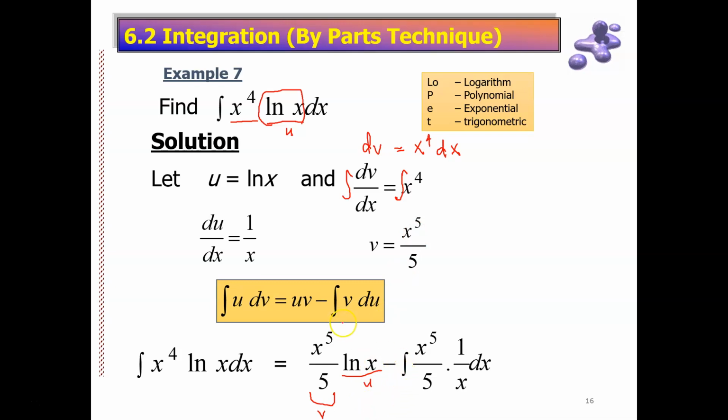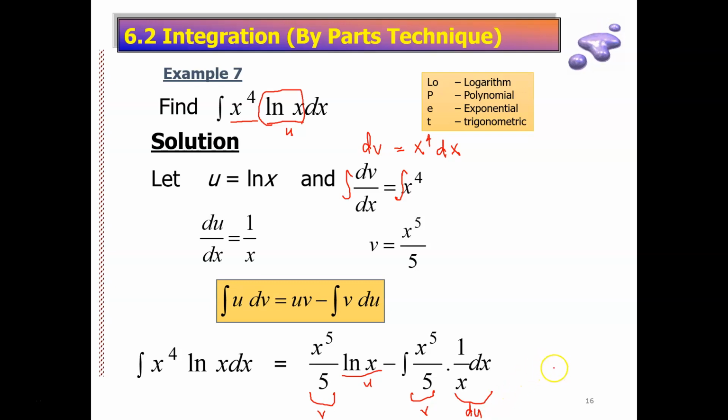Minus integration of v. Again, which one is your v? This is your v. This is your v. This is your v. And du. So, du adalah, ini bawa pindah ke sebelah. Jadi, 1 over x dx. This is your du. Sorry. Yes, du.